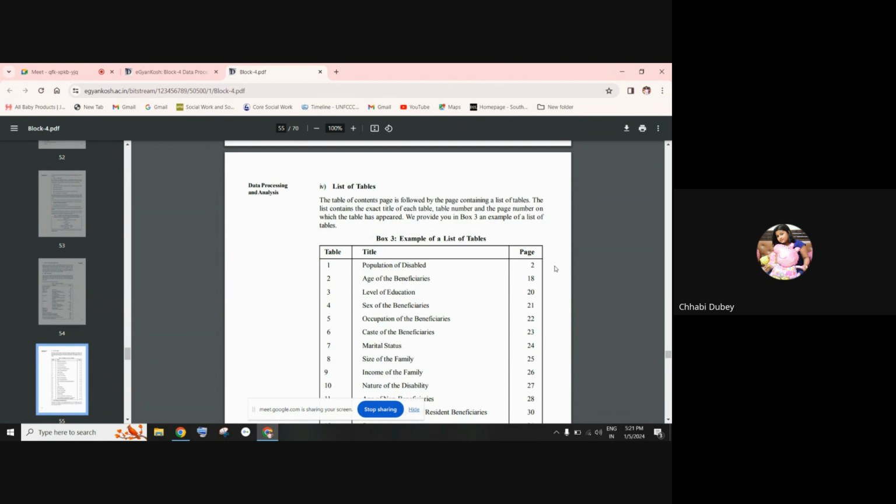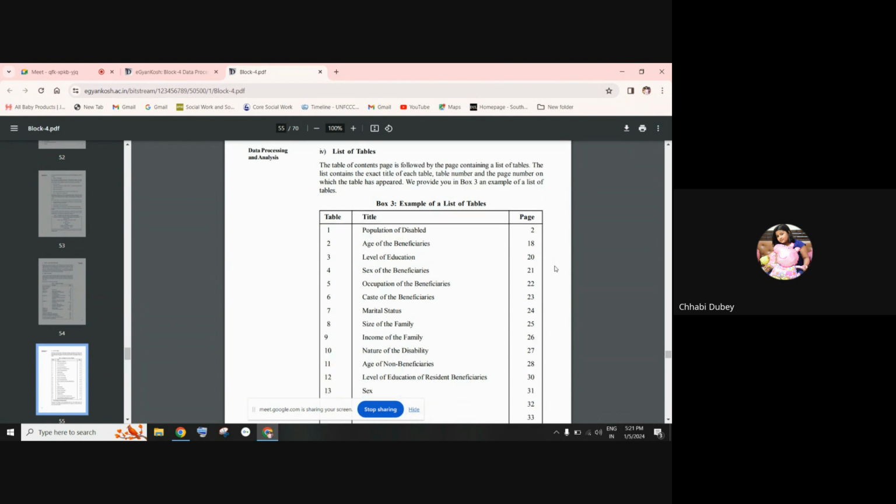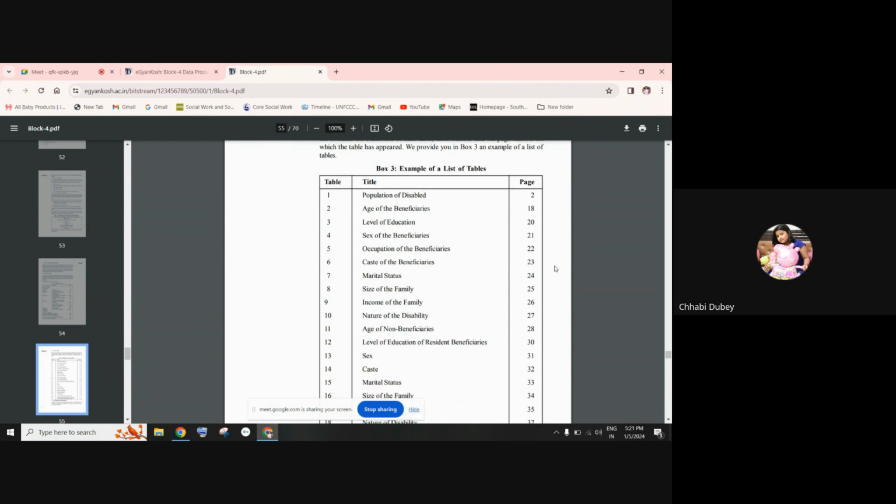So this gives an easy access to the various tables. This is very important because the entire analysis of the data is made on the basis of the tables, and it will help us to understand the various tables that are there in the research report and the page number against each table.